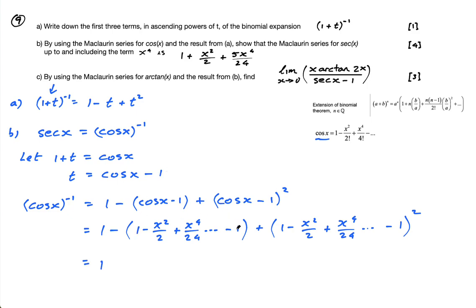By the way, this one and this one now cancel, and this one and this one cancel, which is good. So it's going to leave me with x squared over 2, but it's minus minus, so this is plus x squared over 2. And then minus plus, which is minus, so this is minus x to the 4 over 24.